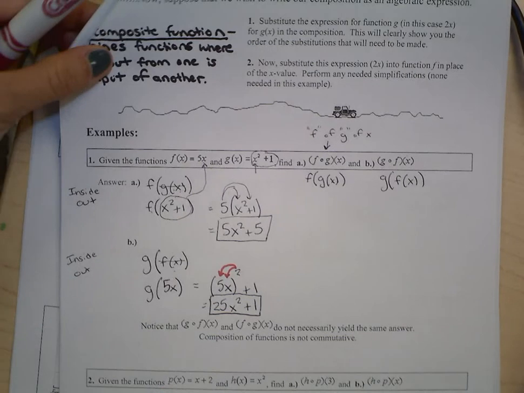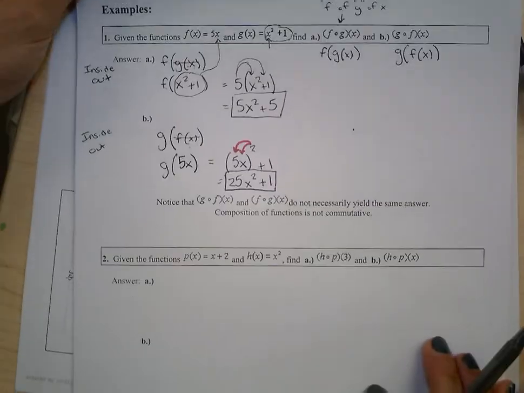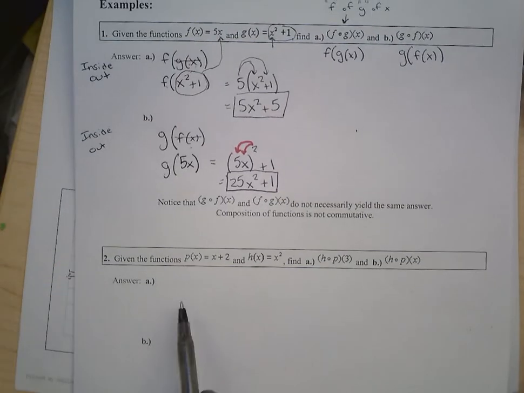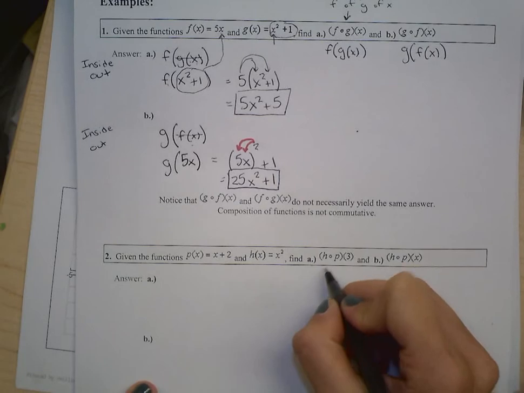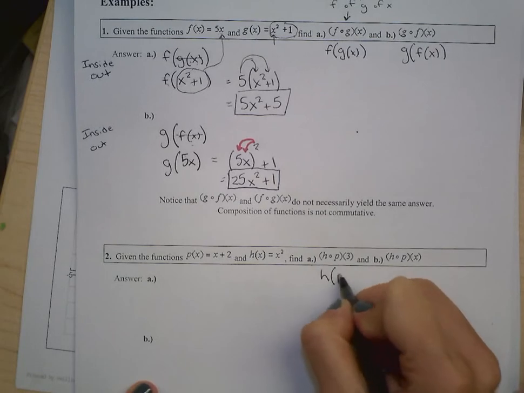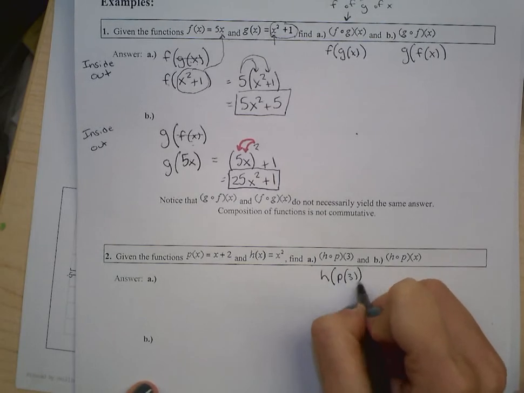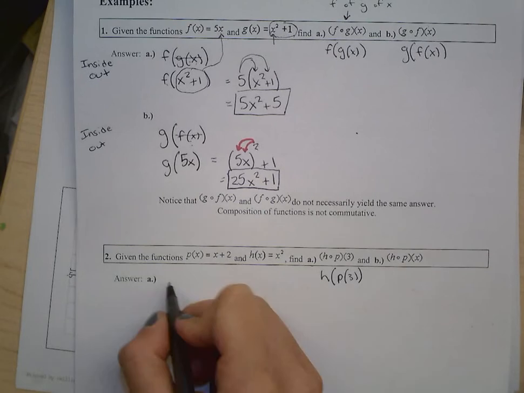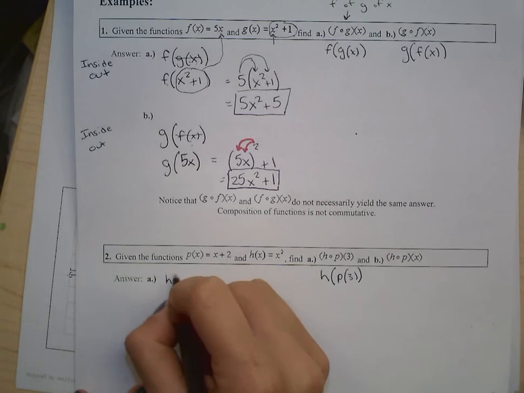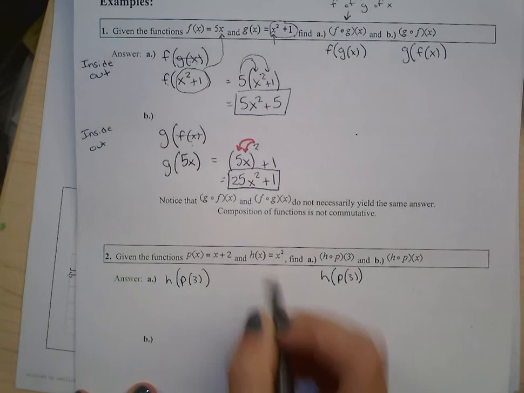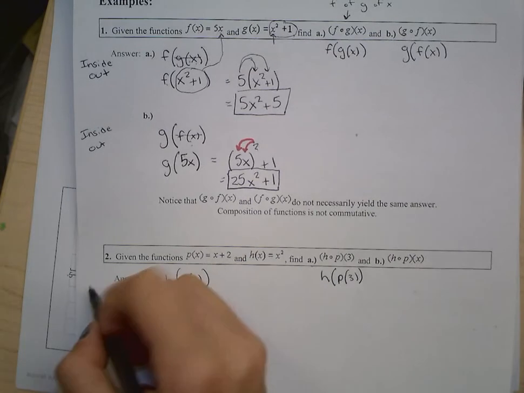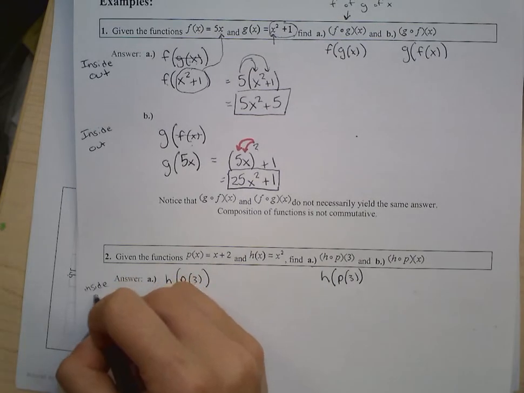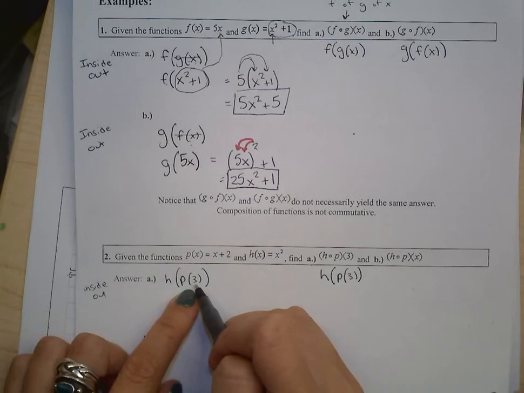Let's go through number 2. Okay, so A is asking h of p of 3. So I'm going to go from the inside out. If I'm starting from the inside, that means p of 3.